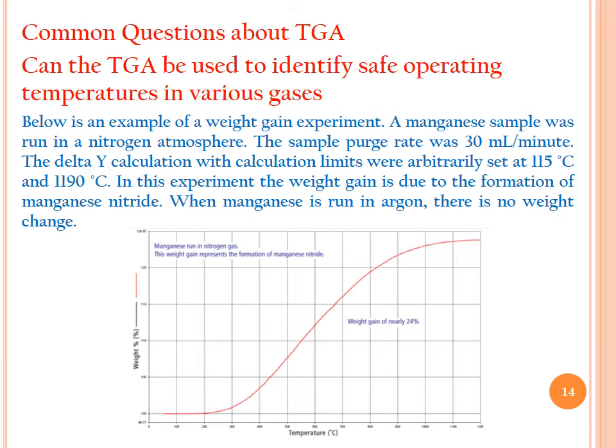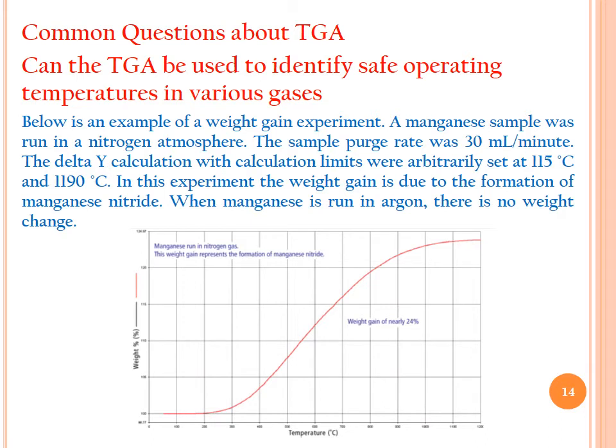Now another question is, can the TGA be used to identify safe operating temperature in various gases? Below is an example of a weight gain experiment. A manganese sample was run in nitrogen atmosphere. The sample purge rate was 30 ml per minute.